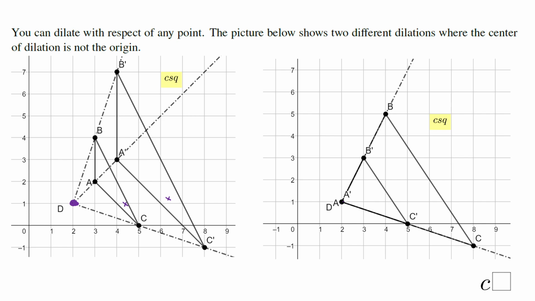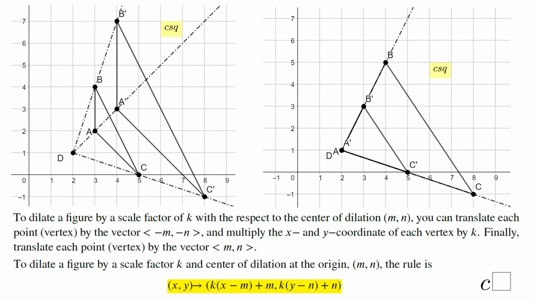Okay, so let's see an example. Oh, by the way, this is a description of how to dilate. If you want to really do it this way, maybe graphically or going step by step, you can translate the picture such that this center of dilation will be the origin.